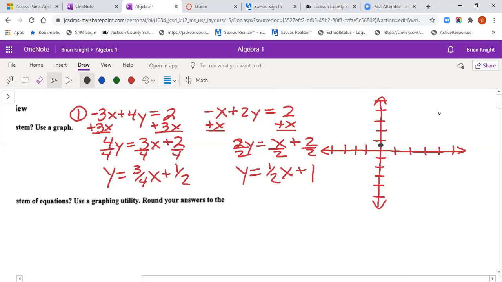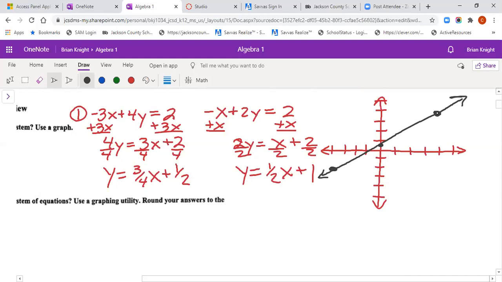So about right there. Where else could I go? Could go down 3 and left 4. That is an option. All right, and then we connect the dots. Now the problem with doing this freehand is I'm not sure my points are going to line up. If you have graph paper, they should line up, okay?